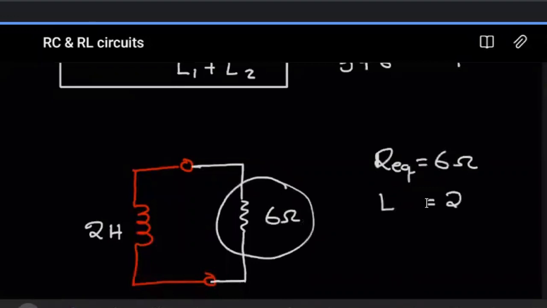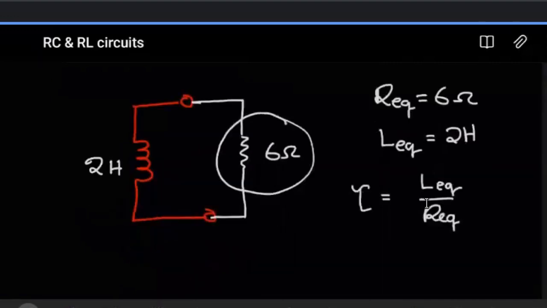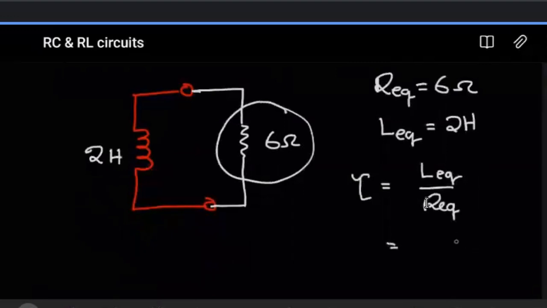So the time constant is the inductance divided by the resistance, 2 divided by 6. This gives us 1/3 seconds.